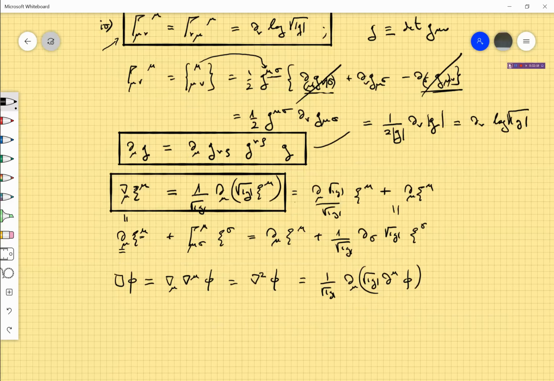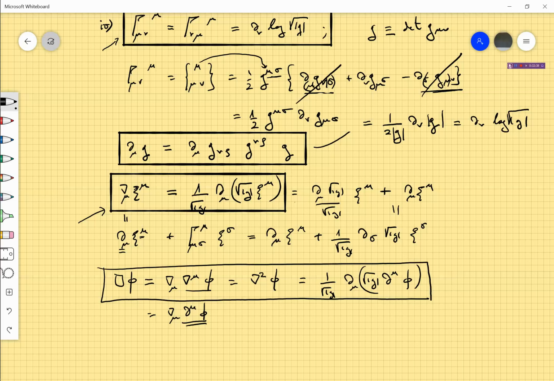Well, why? Because the first covariant derivative is just a partial derivative, it's identical to this, so you apply this formula here to this contravariant tensor and you get exactly this. This is another formula to remember, and really this simplifies many calculations, because always computing components of the connection is much more difficult than computing the determinant of the metric.